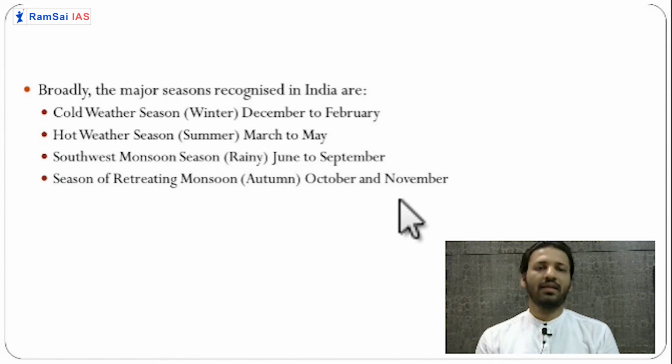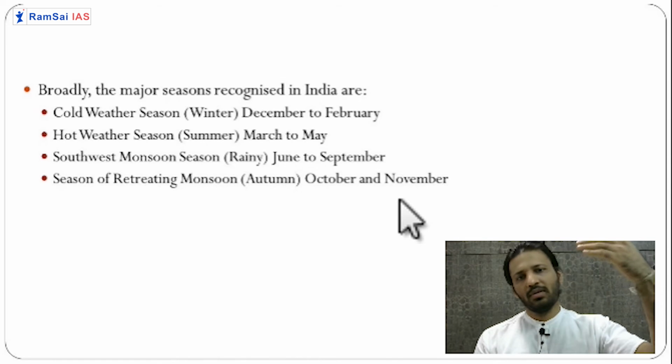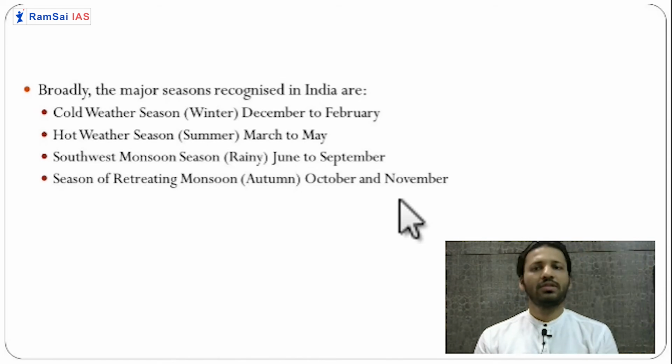So this third season is the rainy season, from June to September. It starts almost in the first week of June in Kerala. It is marked as the 7th of June, but it starts even before that. And then autumn, where the leaves of the trees are shed. So it's a pre-winter season. This is known as autumn.